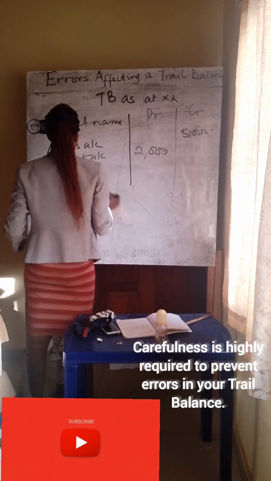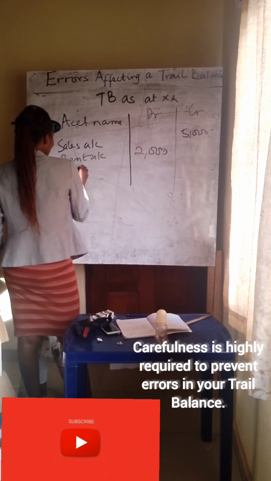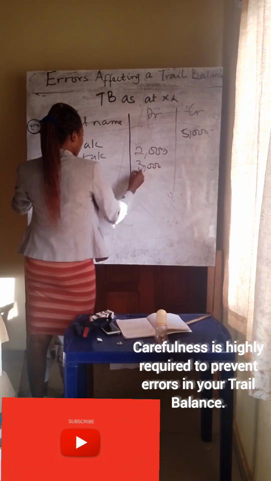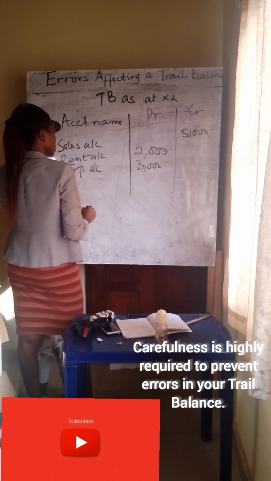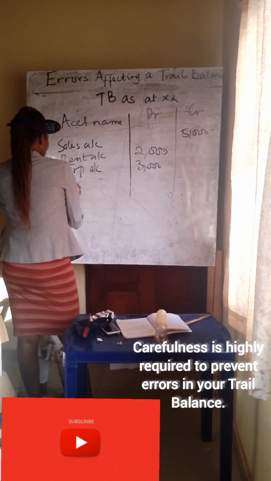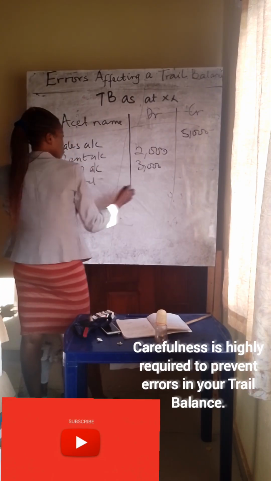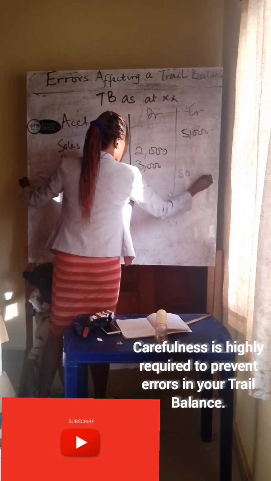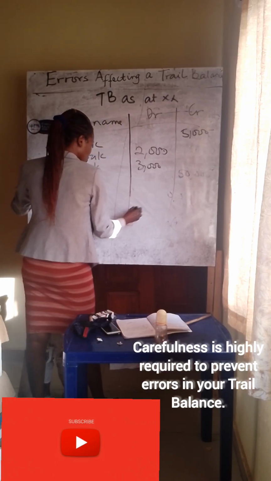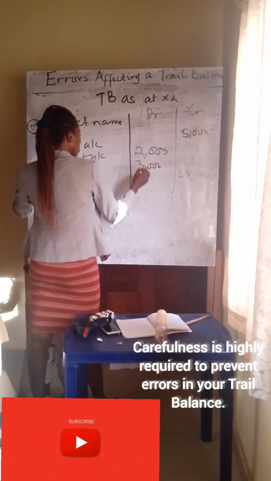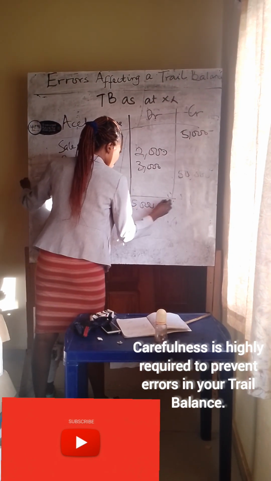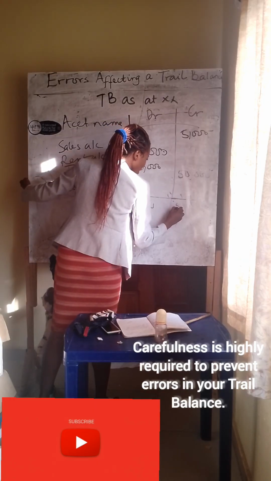So we have rent account 2,000 naira. And then we have transport account 3,000 naira. We have capital account 50,000 naira. Now, by the time we add this together, you have 5,000 naira on the debit side, and then you have 55,000 naira on the credit side.